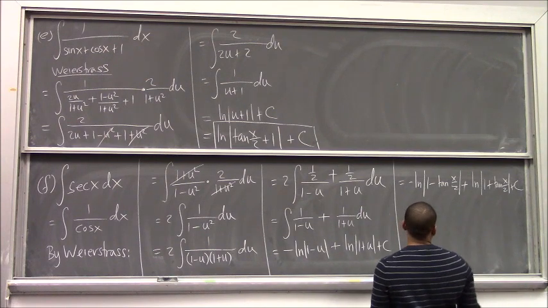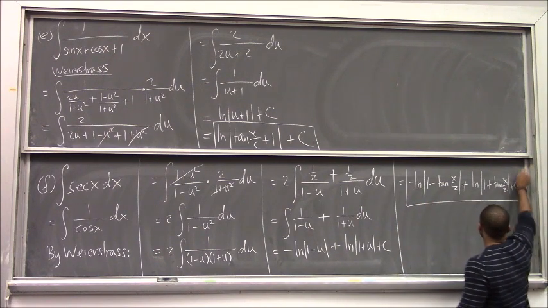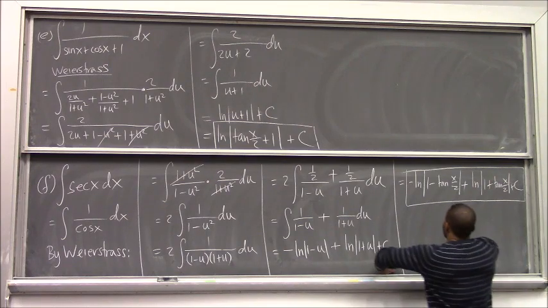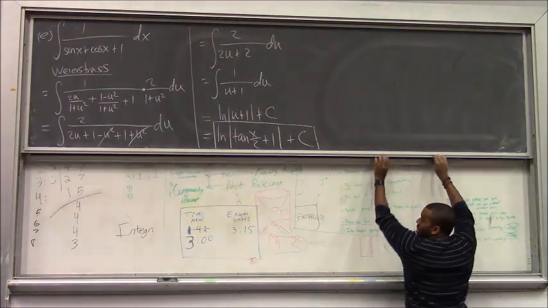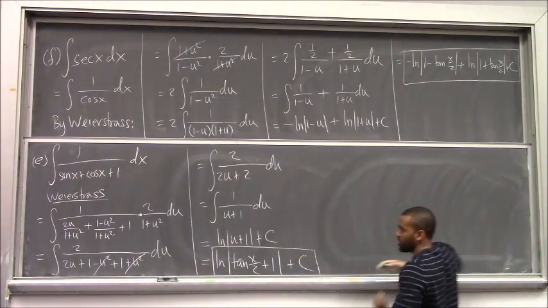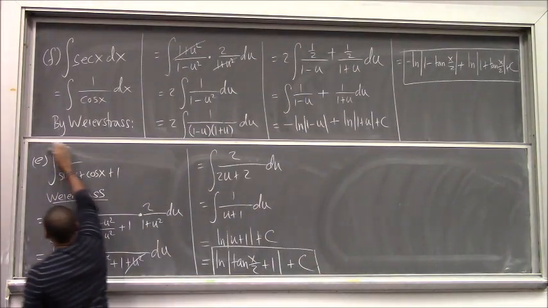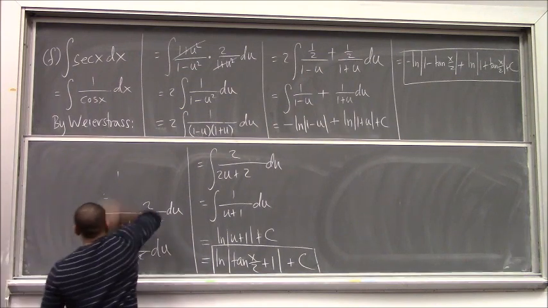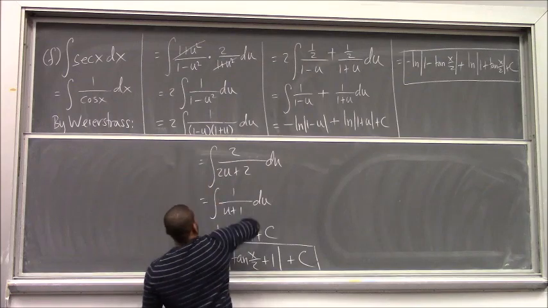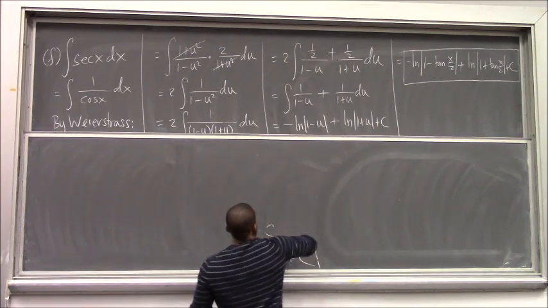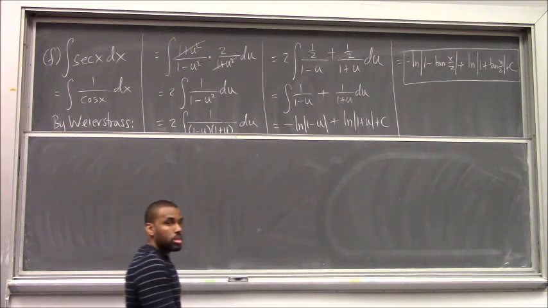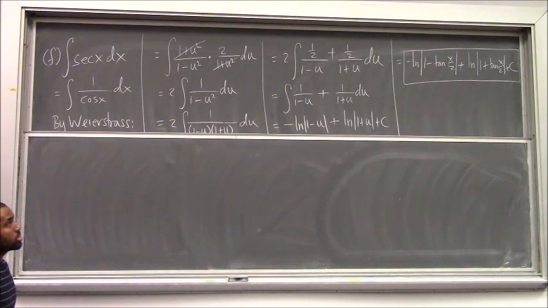Okay, now what? So that's the answer according to Weierstrass. But then we have to turn it into the form we know. Is that actually the answer? Did anyone actually figure it out? How can you make that equivalent to what we know the answer to be? Ideas?